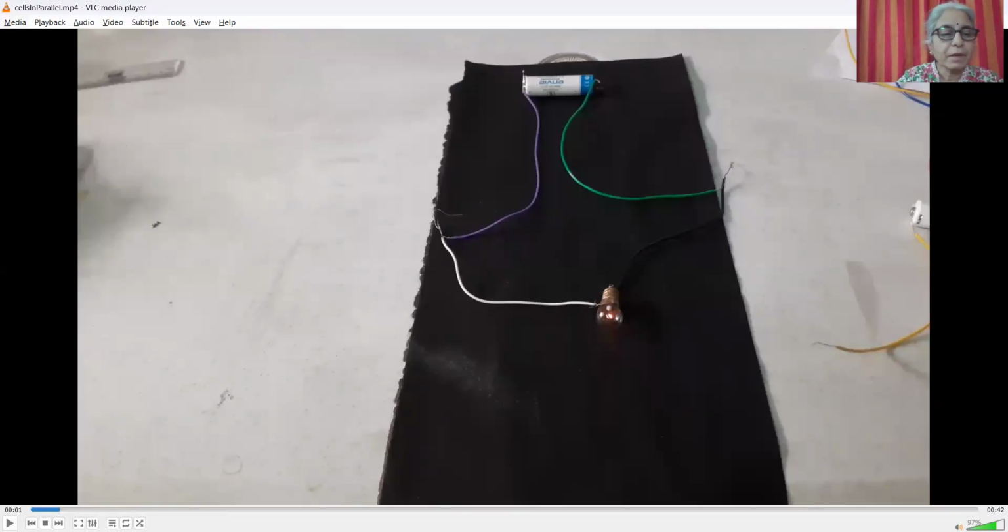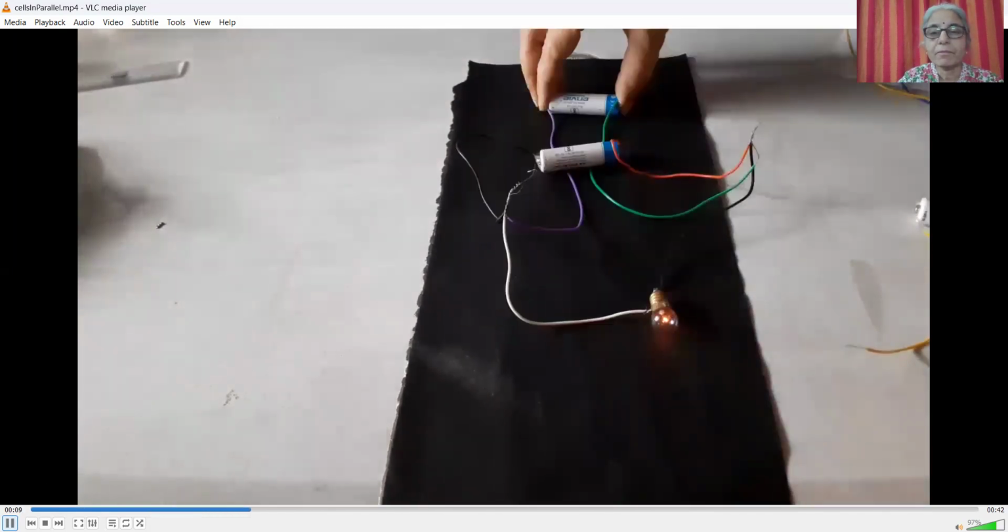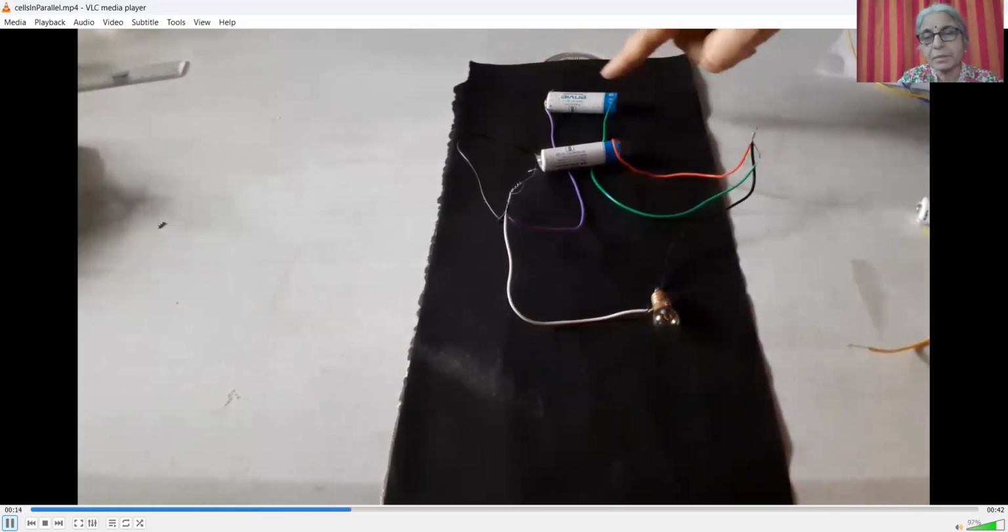Here we have one cell connected to the bulb. Now we added a second cell in parallel.